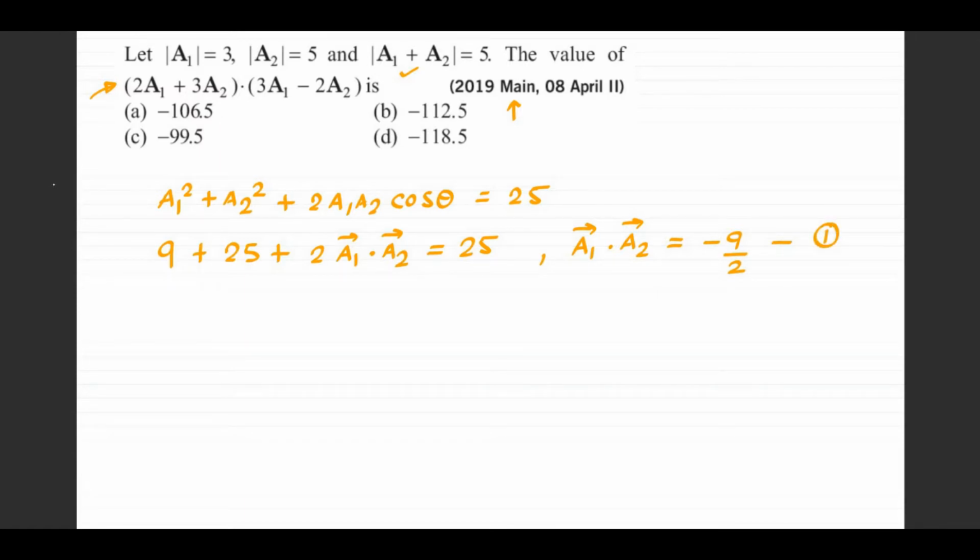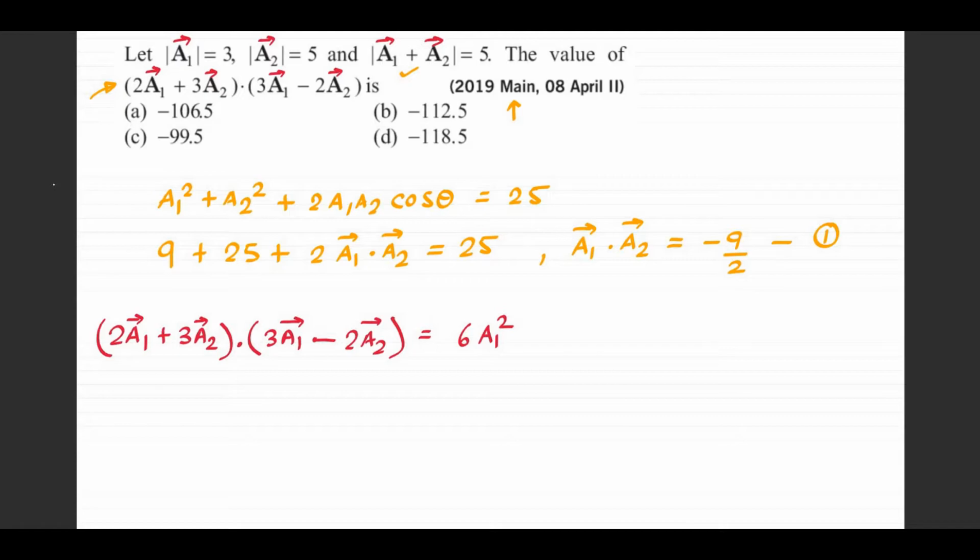Now let me evaluate this. These are vectors. These should have been vectors. So if I evaluate this, first term will be 6 into A1 dot A1.